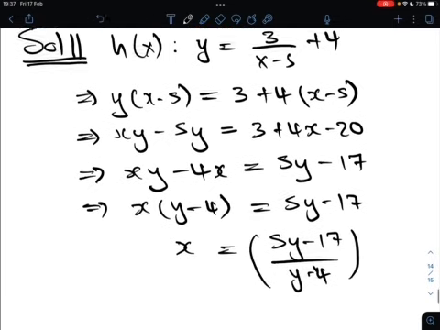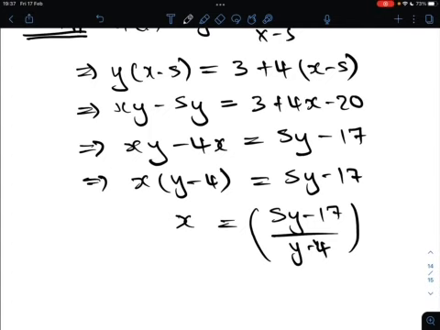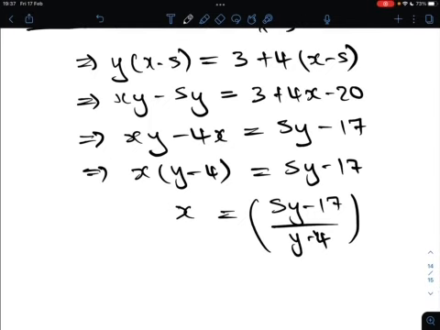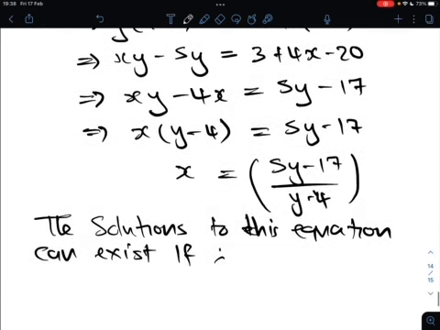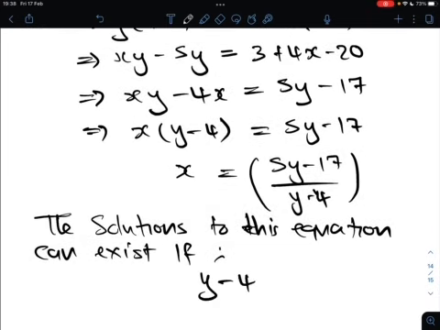So if you check now, we have a rational fraction. So now, when can x be true? When can we have solutions? You see that? So we know that the solutions to this equation can exist if y minus 4 is not equal to 0.